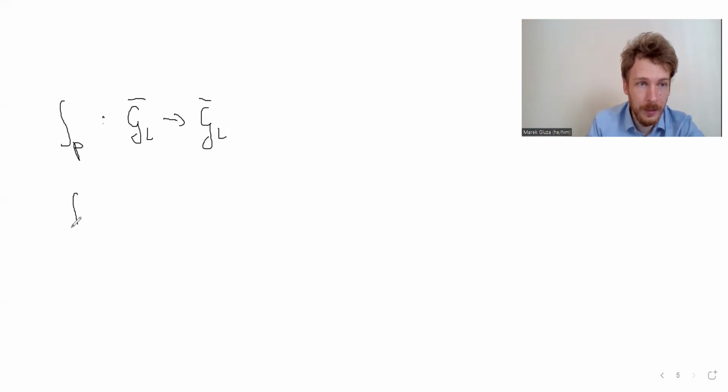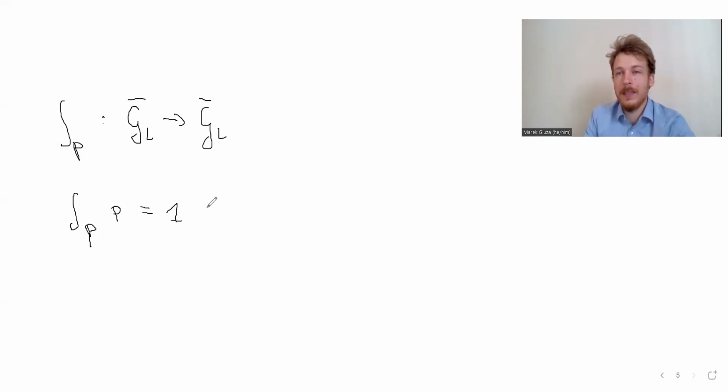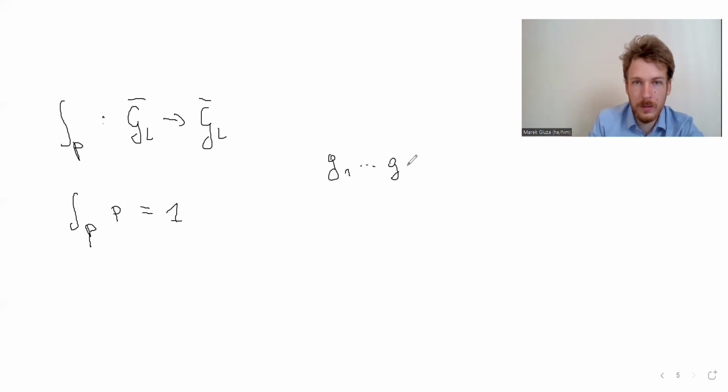And what we would like to have is that this Grassmann integral against P of P is equal to 1, and essentially everything else is 0. So now, for example, what we could say is that we are considering a set of generators G1 until GL, and we are mapping it to some other basis of G1L.